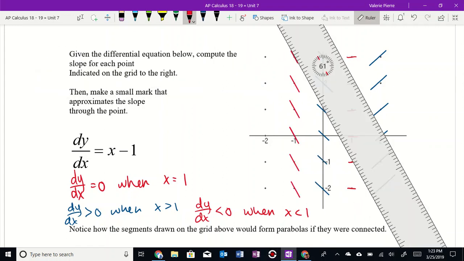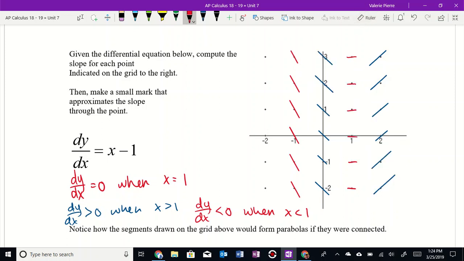And then last but not least, negative 2 minus 1 is negative 3. So I'm definitely not going to use my ruler here. I'm just going to estimate it by just making my line a little bit steeper than I had previously.